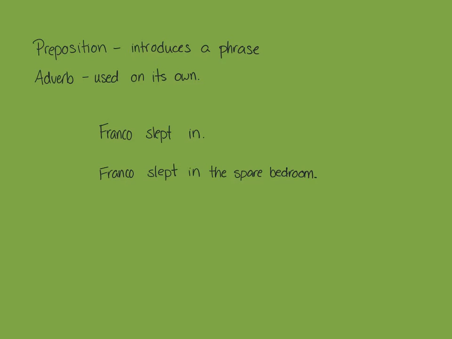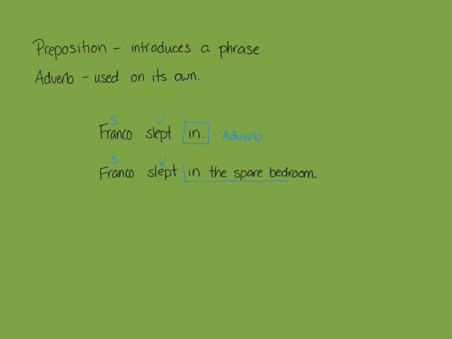If we look at these two sentences, Franco slept in and Franco slept in the spare bedroom, they both start with the same subject and the same verb. Now after this, we just have "in" by itself, so that is probably going to be our adverb because it's also modifying that verb slept.